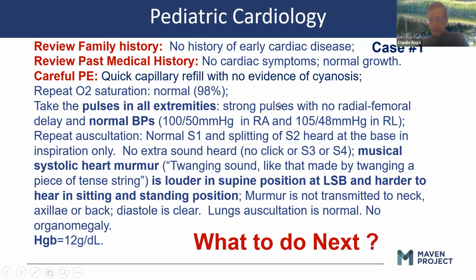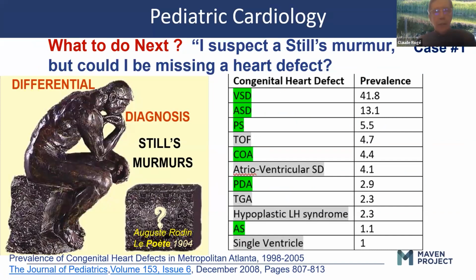Well, you are going to worry: okay, I hear a murmur, the kid is doing well, but I suspect it is an innocent murmur, but am I missing a heart defect here? First of all, you won't have time to go to your private room and think about it for hours. You will have to do it pretty quickly.